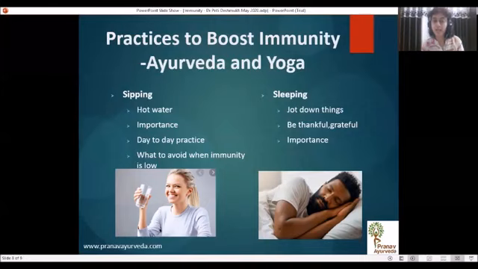Now, last, that is sleeping. Each night before going into bed, try jotting down things for which you are grateful. That is, your parents, grandparents, children, and not the least, yourself.